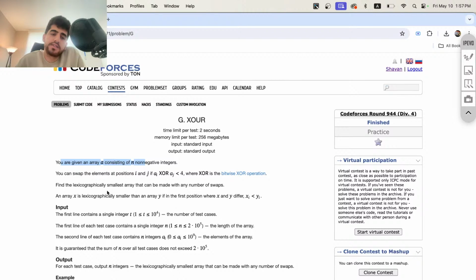Find the lexicographically smallest array that can be made with any number of swaps. An array X is lexicographically smaller than an array Y if in the first position where X and Y differ, x sub i is less than y sub i. Okay.